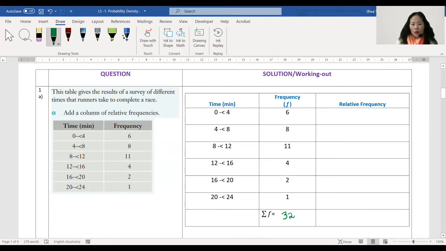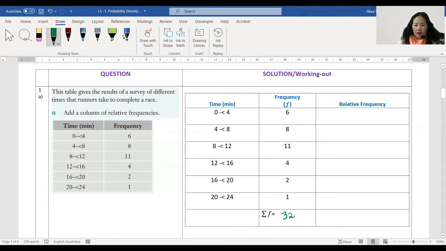For the score 0 to not quite 4, it's just before 4, so it could be like 3.99999, something like that, but not 4.